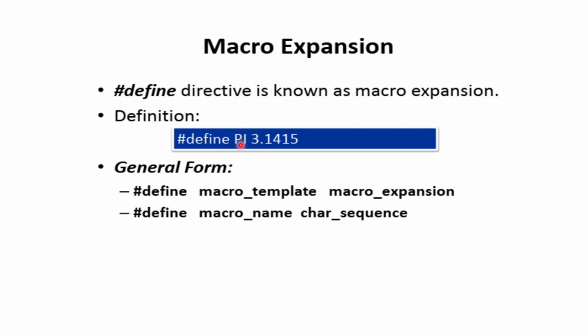Although it is not a variable, for the time being I hope you can imagine it as a variable name, and then some value. But it has a specific format. The format is: hash define, then space, then the name, then again space, then its value. There is no equal sign.